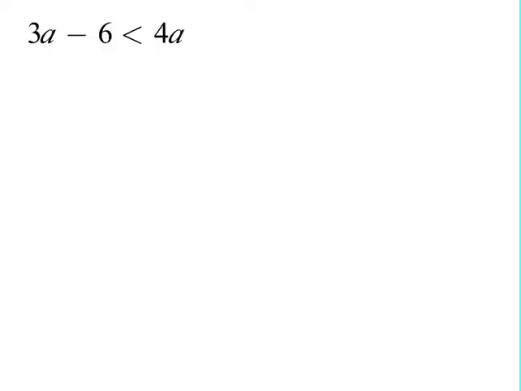Okay, now if you look, these are going to be the last few types of problems, and then we're going to look at some word problems as well. This is a little different. Now, until you learn about multiplication and division, you have to figure out in these problems how you can get a positive 1a, or a positive 1x, or a positive 1y.